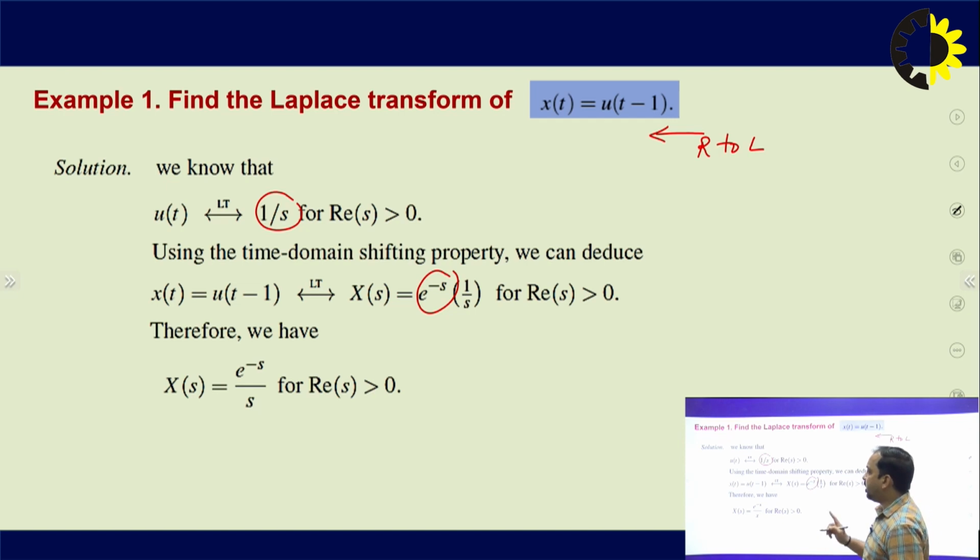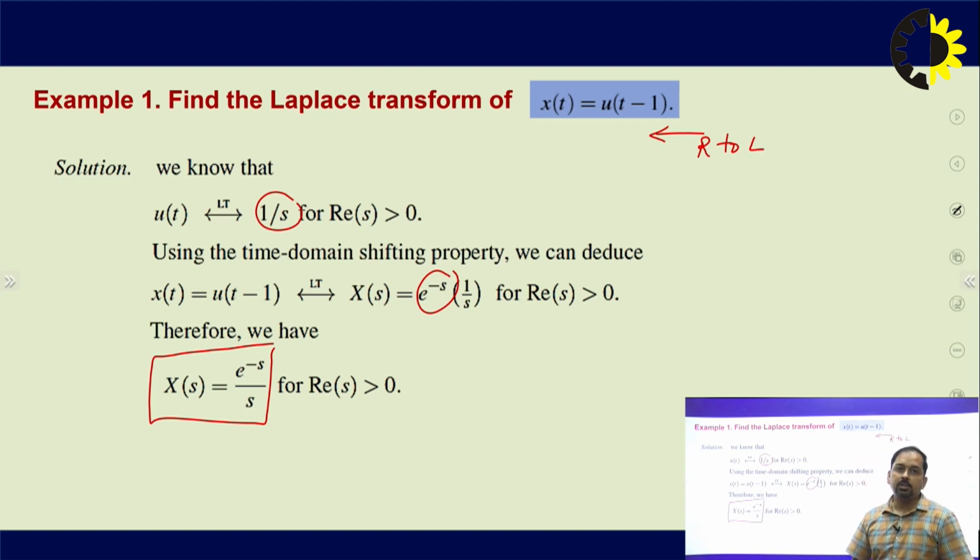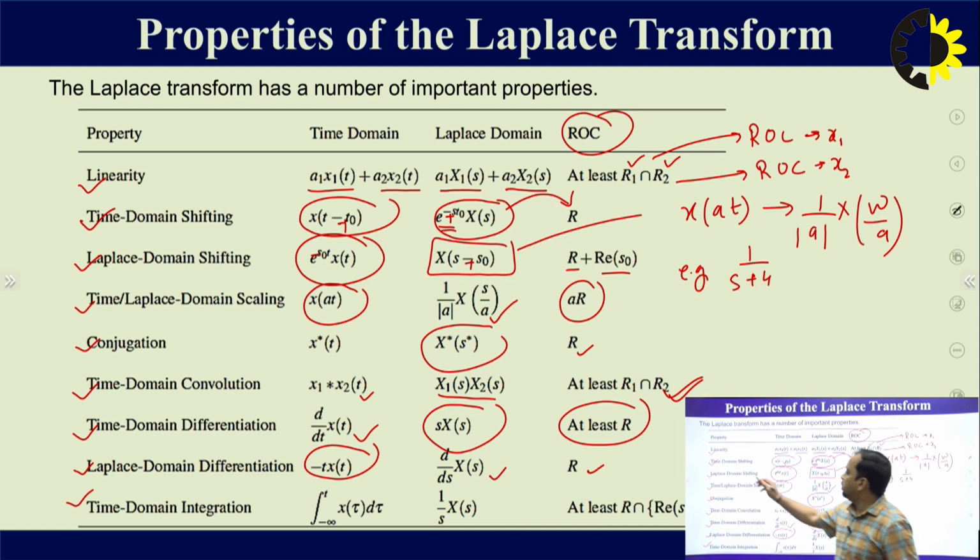So the final result is X(s) equals e raised to power minus s divided by s, for all real part of s greater than 0. We can say that the ROC of the new signal u(t minus 1) and of u(t), which was our x(t), was the same. So we have basically proved the second property, time domain shifting: there is no change in the new ROC.